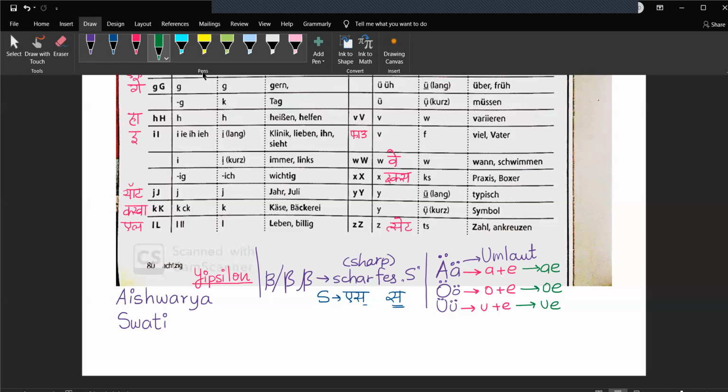For sharpest S or SZ, you need not worry about what this character is called. It's just SZ. So the only long ones would be epsilon, that is Y, and SZ, that is the sharpest S. It resembles a beta sound. That's all.